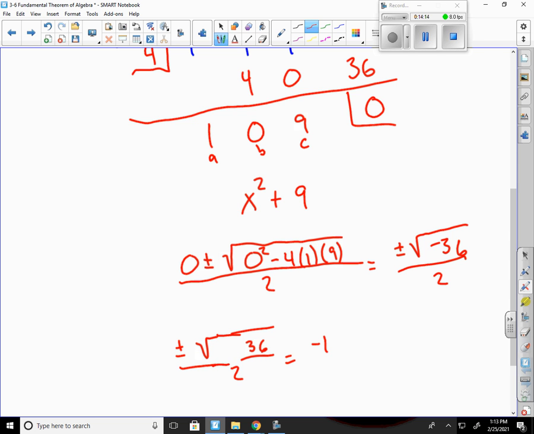Square root of -1 is i. Square root of 36 is 6. So I have plus or minus 6i over 2. 6 divided by 2 is 3. It's plus or minus 3i.